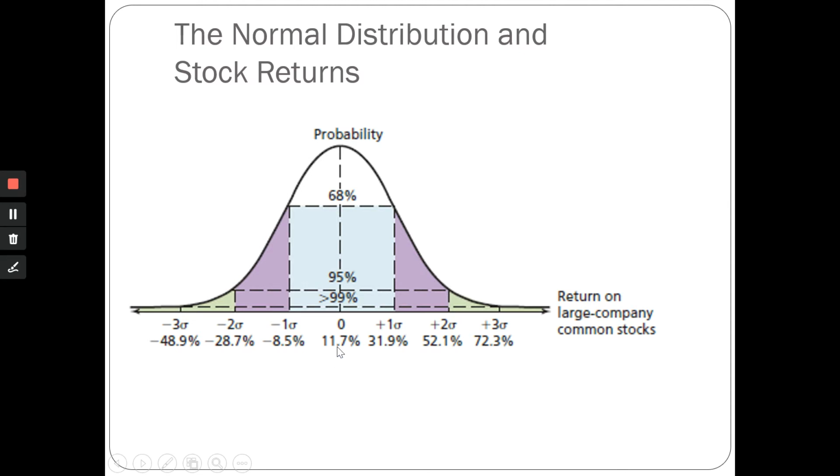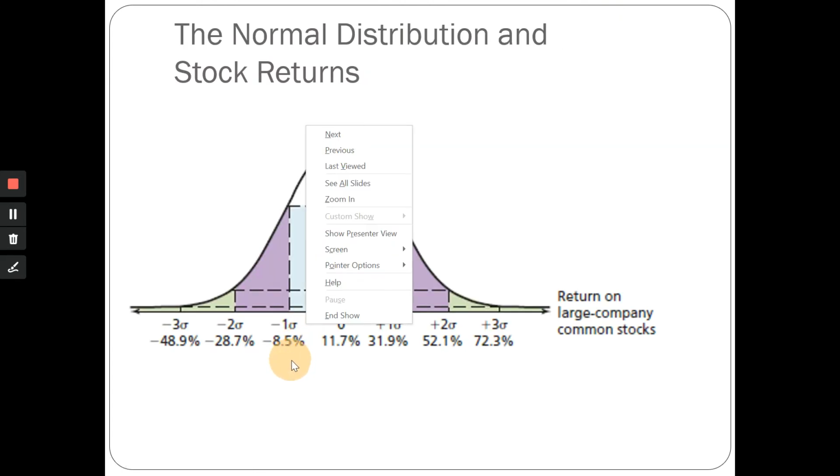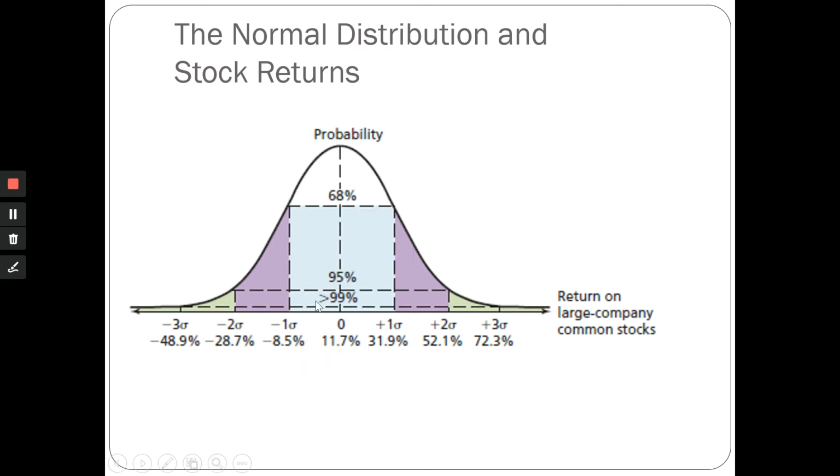If you look within the one standard deviation range, minus 1 standard deviation over here and plus 1 standard deviation over here, you will see that if you pick any return from the past returns of this portfolio, the chances that the return will fall between one standard deviation left and right is 68%.